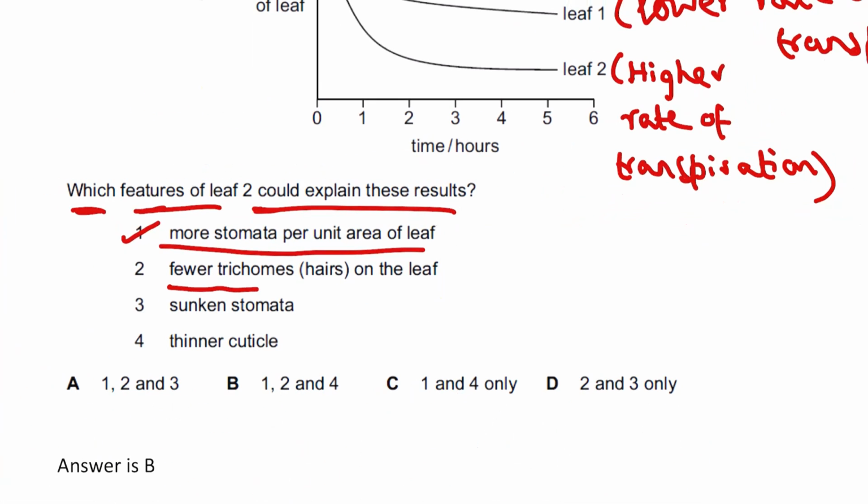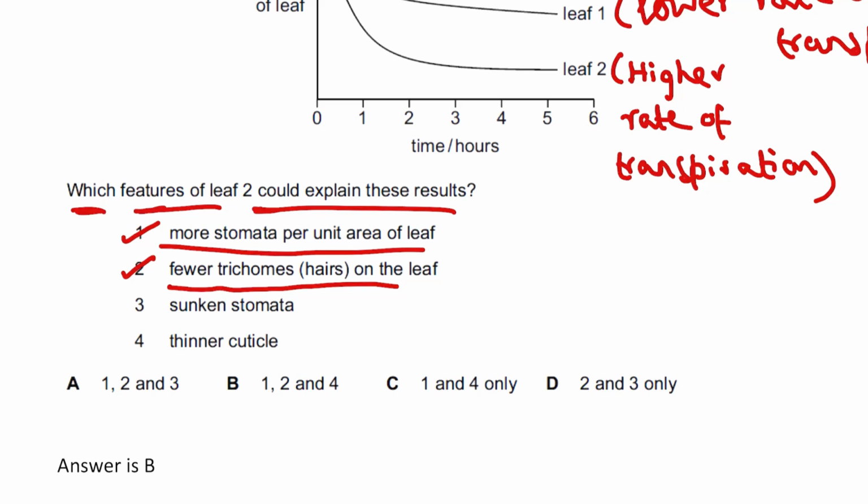Fewer trichomes, hairs on the leaf. Yes guys, if there are fewer hairs or trichomes on the leaf, less water vapor will be trapped, and there will be less humidity around the leaf and around the stomata, so more water vapor will be lost. As you all know, trichomes are features of xerophytes, and what trichomes do is trap water vapor and create a humid region around the stomata, so that the humidity increases and the rate of transpiration decreases.